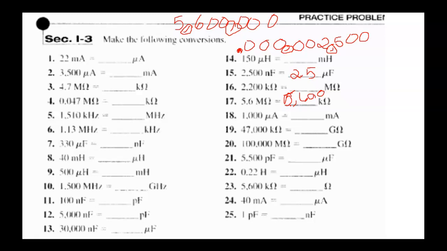So let's look at number 6, I have 1.13 megahertz. And it's telling me I need to move it down to kilohertz. Okay? So I'd start off, first of all, taking my number 1.13 mega. Here's my mega. I have 1.13 mega. Y'all see where I've started out?